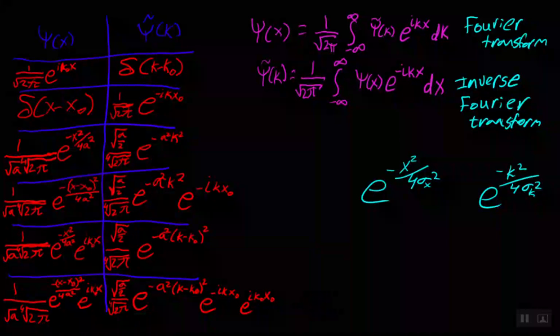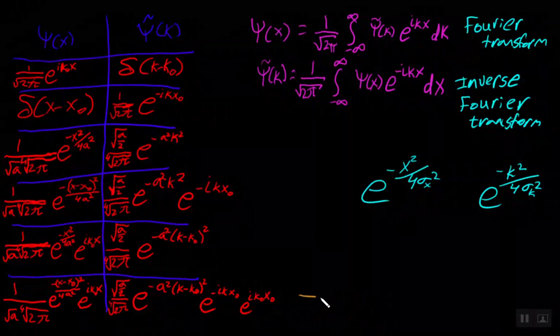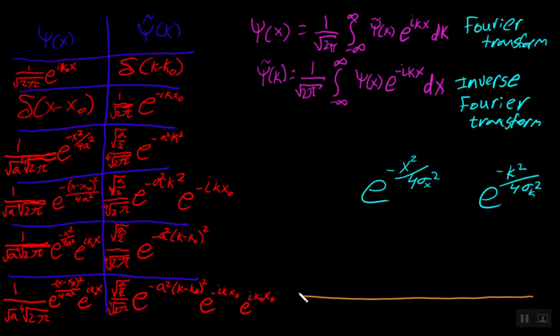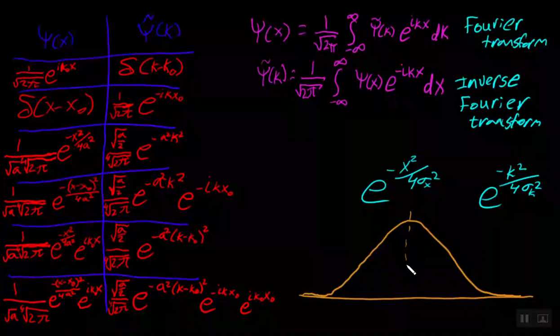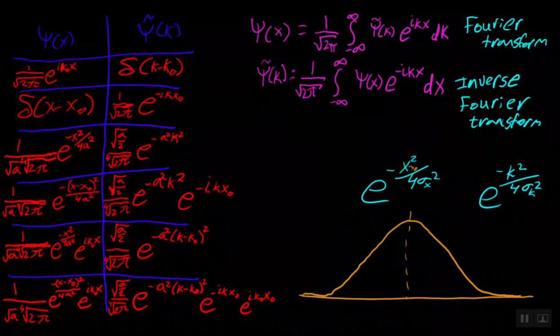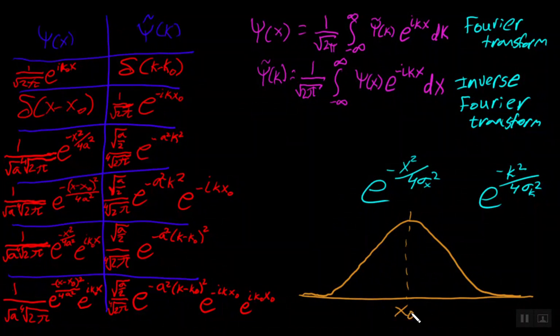And so I'm going to draw this out here in, say, orange. If I've got a Gaussian centered around some point, we could have had x minus x naught, quantity squared, whatever. I'll call this x naught, but this will work with k as well.